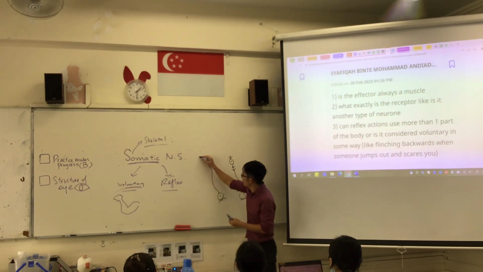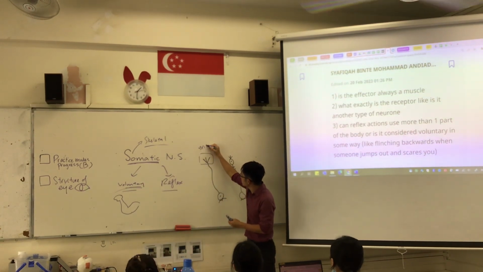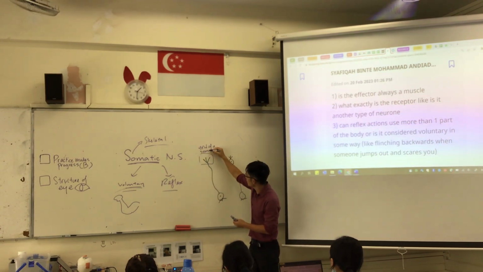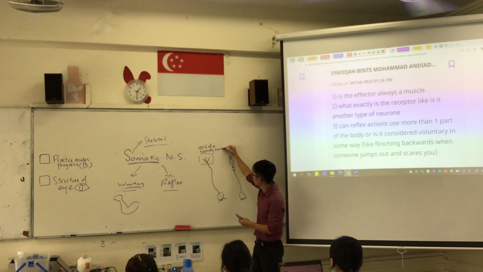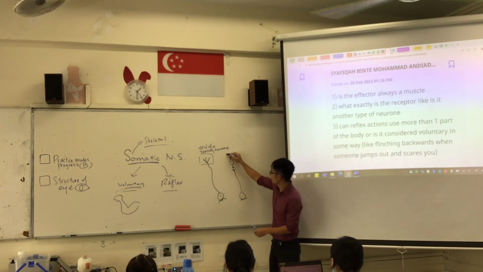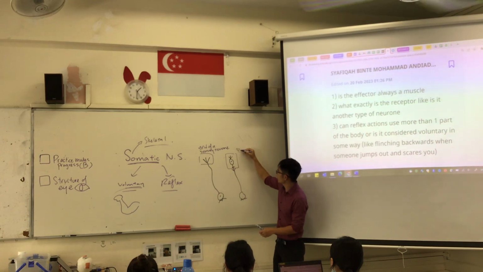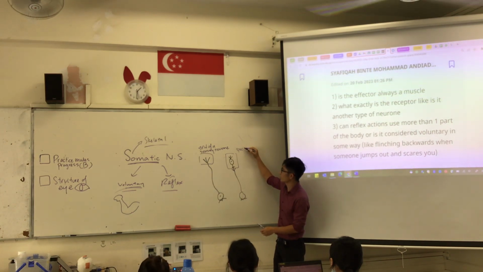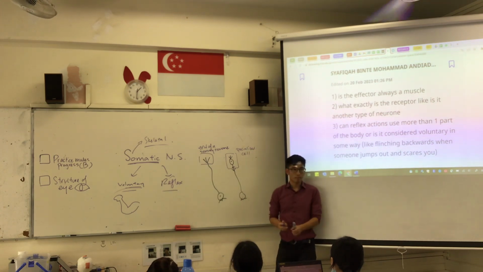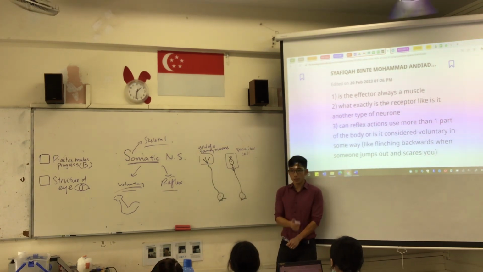A receptor could be the end of a sensory neuron, or it could be a specialized cell. Receptors could be two things.